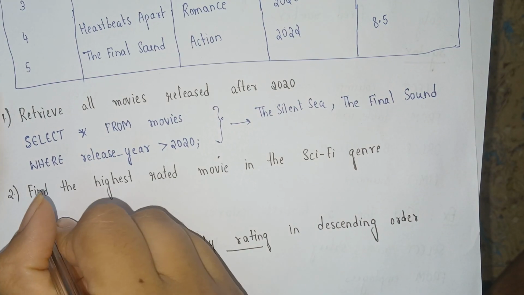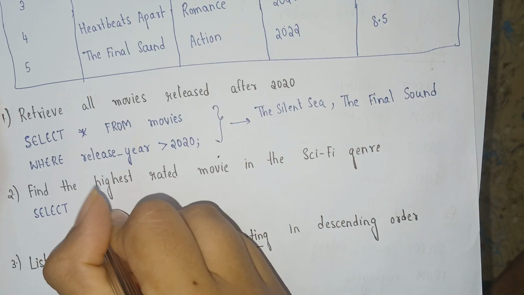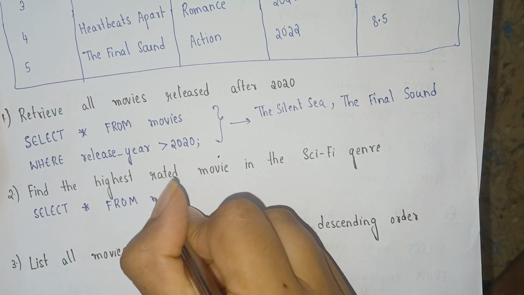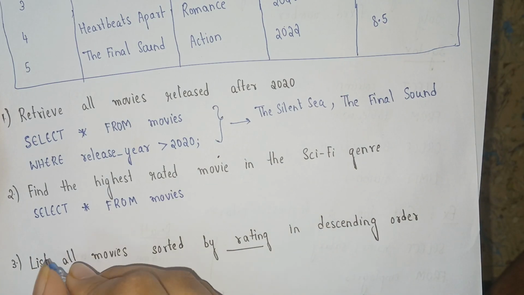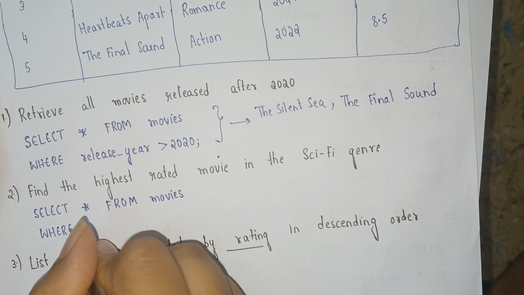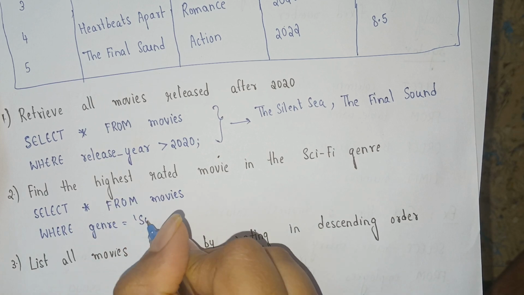So I'll write it. Select asterisk from movies where genre equal to sci-fi.